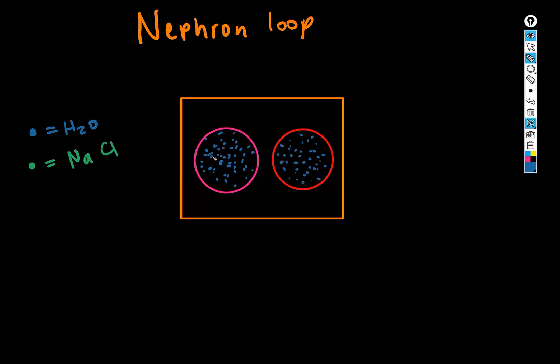And the relative amount doesn't matter right now, so don't try and look for meaning in the difference between the number of dots. There's not one. So this is my starting condition. I have 2 tubes. The tubes are next to each other, and they both have water and sodium chloride in them.